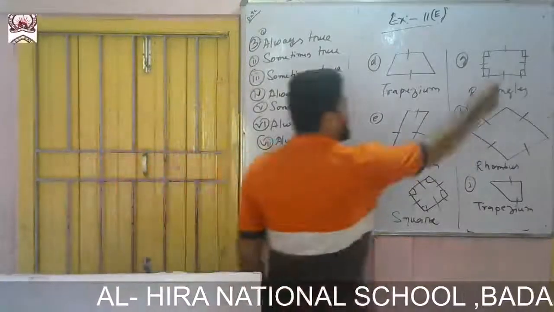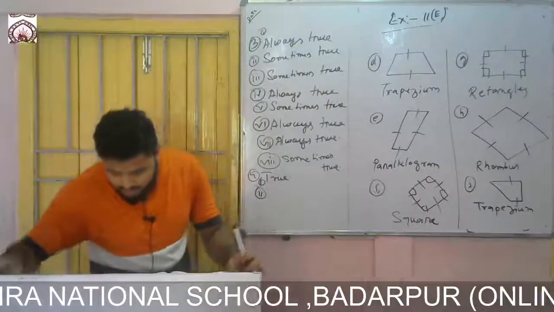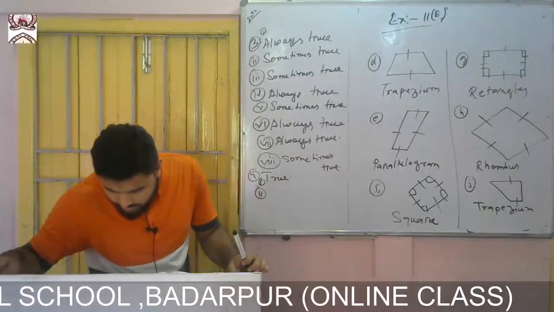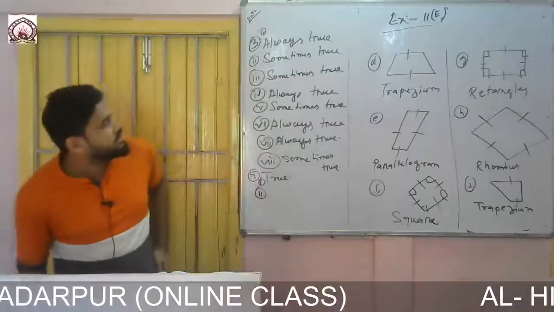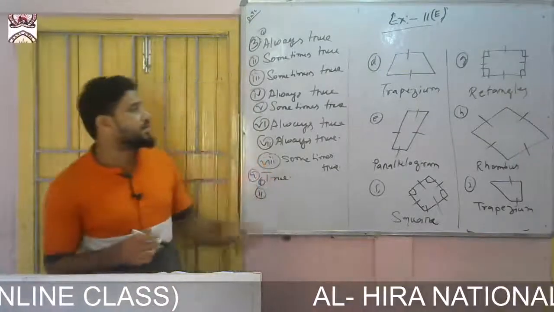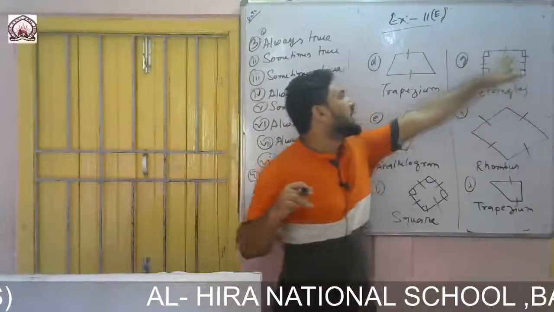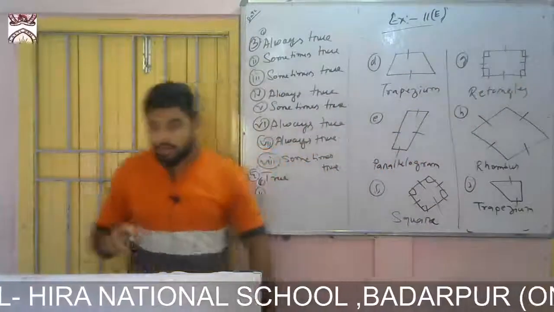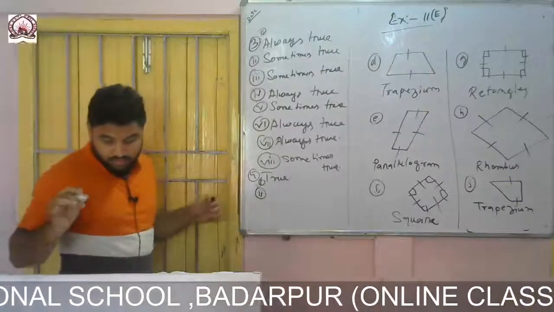Because in a rectangle, one pair of opposite sides, these two, are equal, but these two are not equal. So the opposite sides are not equal. False.